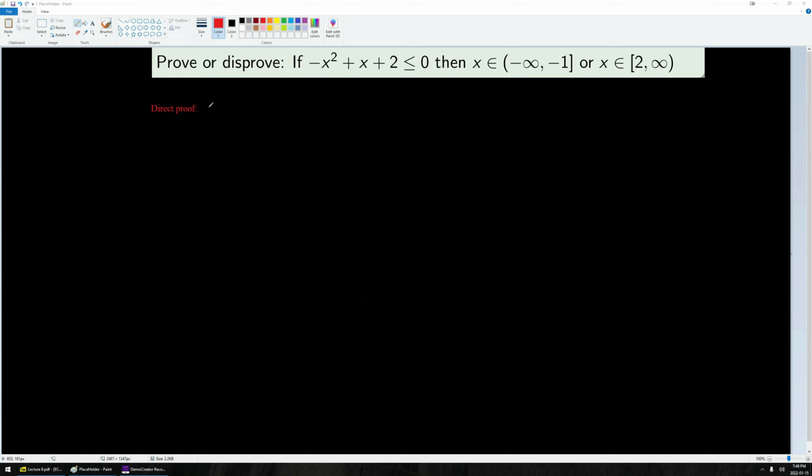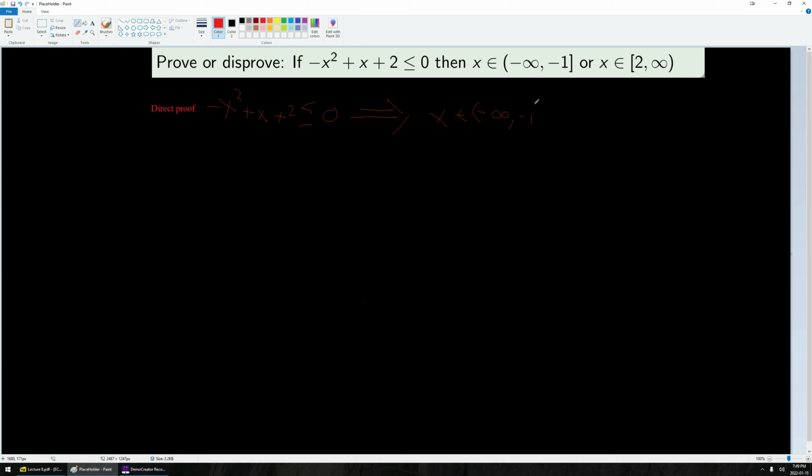So let's think here. If I wanted to do a direct proof, then my starting point would need to be that x squared minus x plus 2, that this has to be less than or equal to 0. And then I would need to show that if this is the case, then I could do some manipulations and come to the conclusion that x would either have to be in this interval here or the other interval.